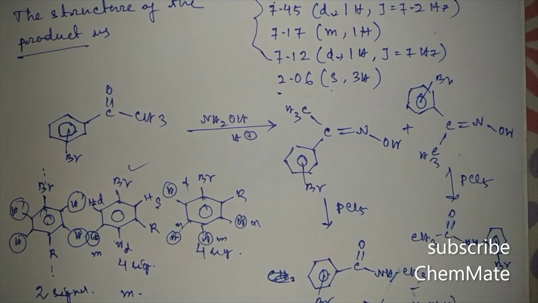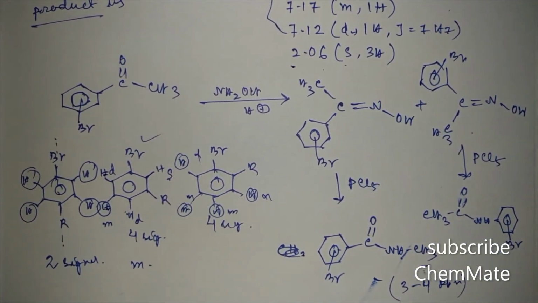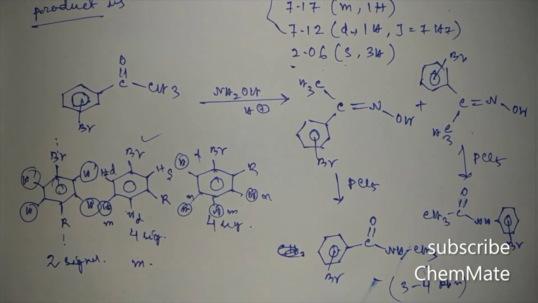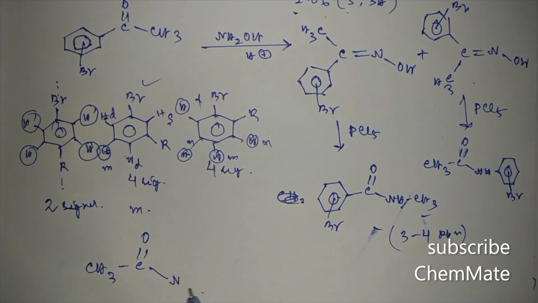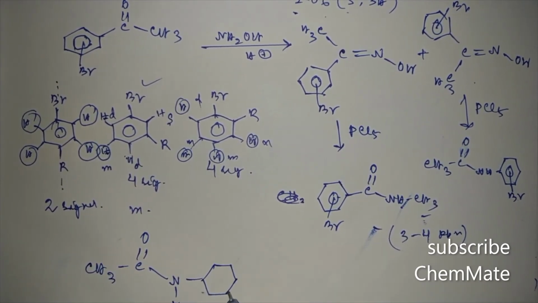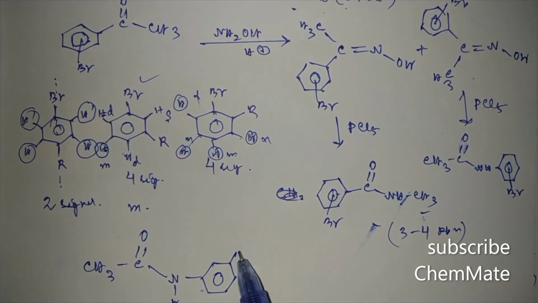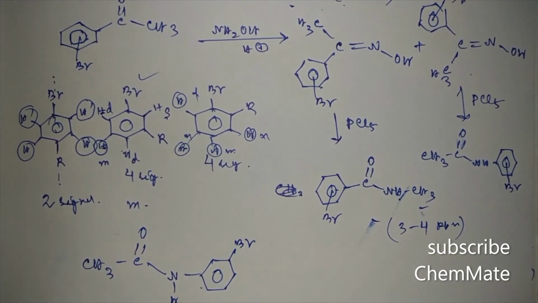So the structure of the major product will be CH3 C double bond O, NH, and aryl group where the Br will be in meta position. So this will be the structure of the major product.